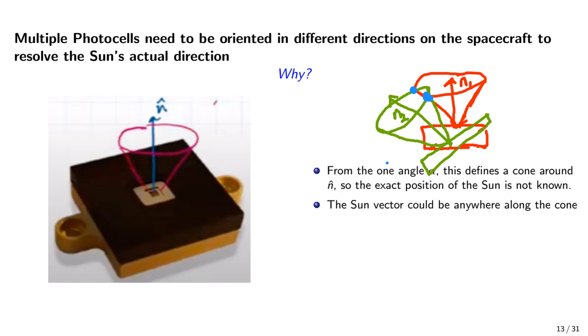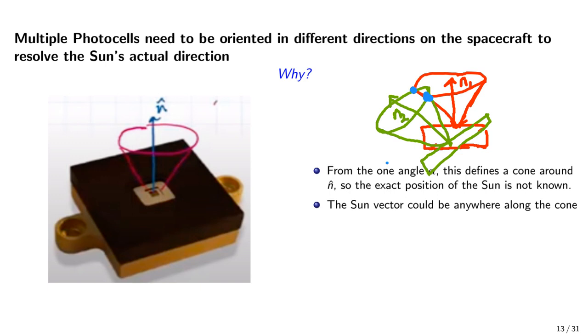It's just something I want you to think about and lay your hands on and see. But basically, back to our lectures, you would need multiple photocells, which must be in different directions on the spacecraft in order to actually have the sun's actual direction. Okay, that's what is required.